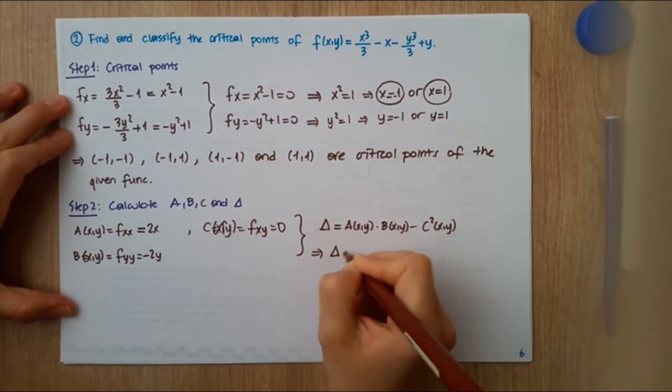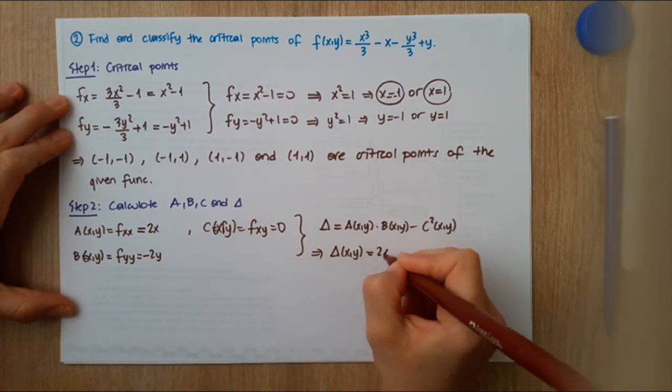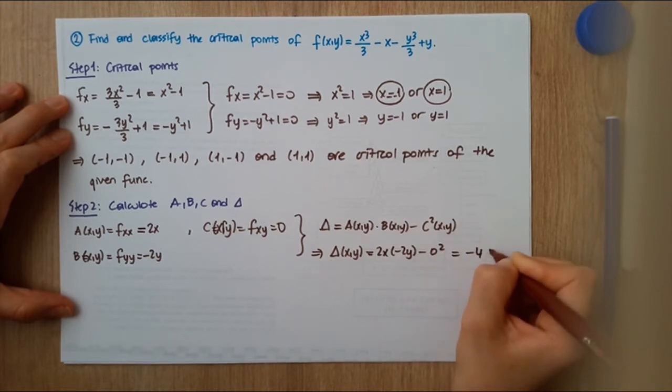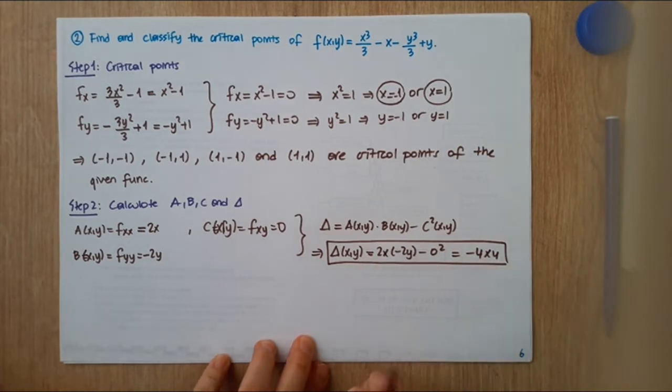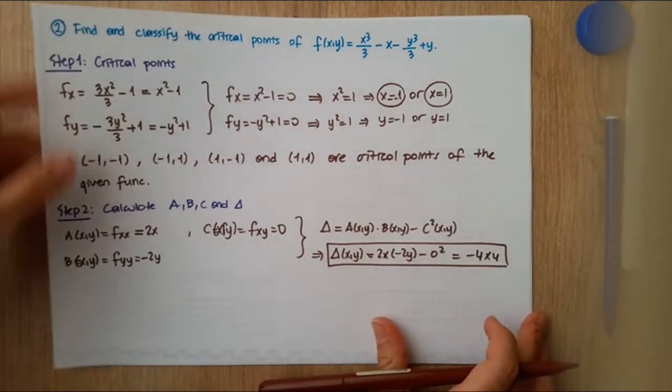As a result, delta(x,y) equals 2x times minus 2y minus 0 squared. So I have minus 4xy. We will use these to classify the critical points of this function.